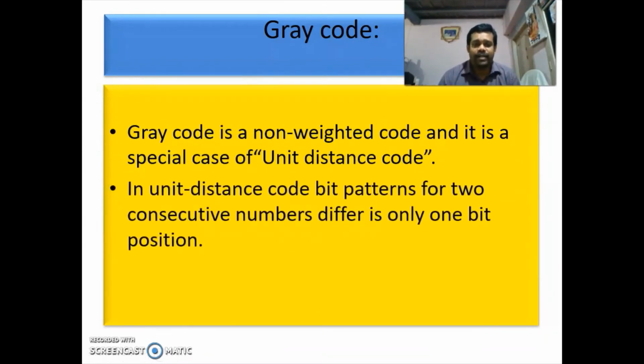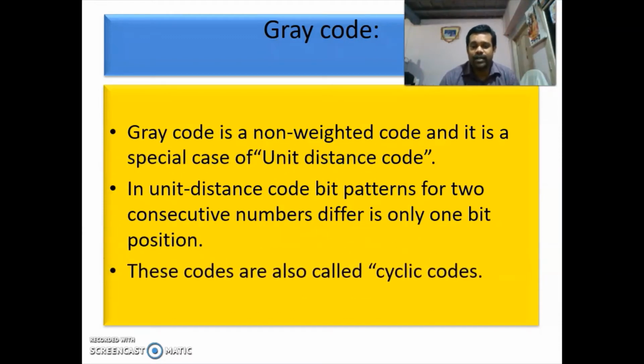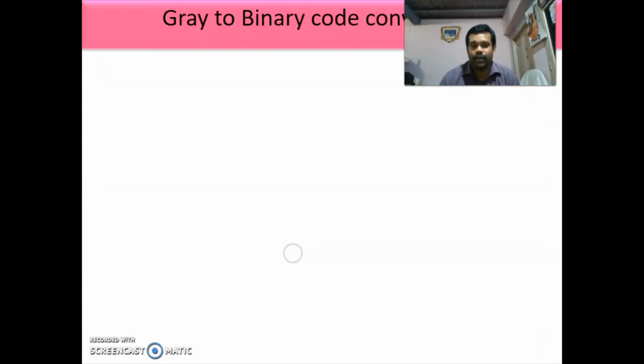In a unit distance code, the bit patterns for two consecutive numbers differ by only one bit position. These codes are also called cyclic codes. This gray code is also called reflected code.